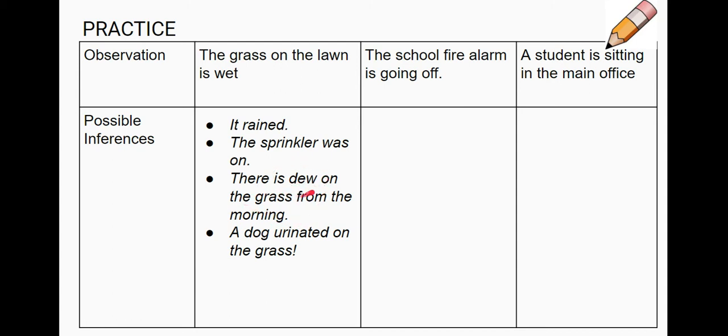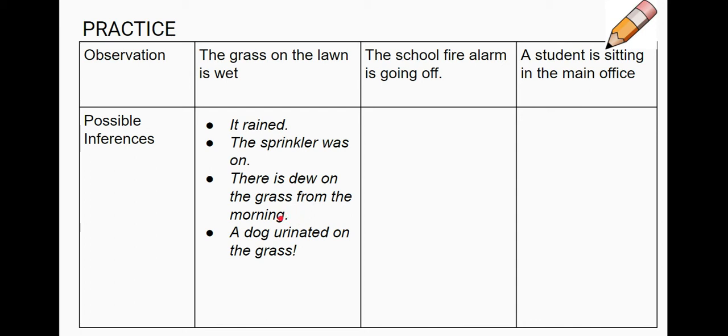If you don't know what dew is, it's basically moisture from the air that landed on the grass and formed water droplets. And so we call that dew. Okay, so that's another reason why the grass could be wet. It didn't have to rain for dew to be on the grass in the morning.